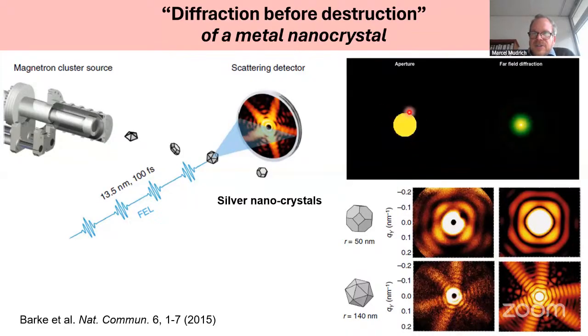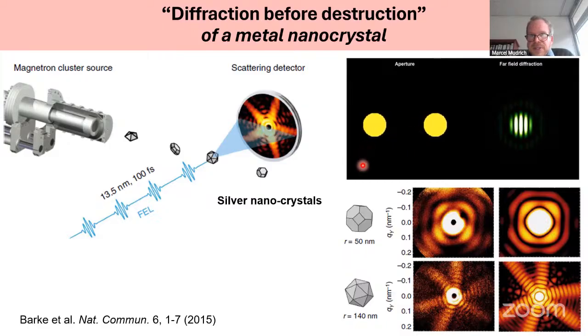So for just a circular aperture, then by Fourier transform we would expect this kind of single maximum. This is, you probably know, like diffraction of a very small circular aperture.